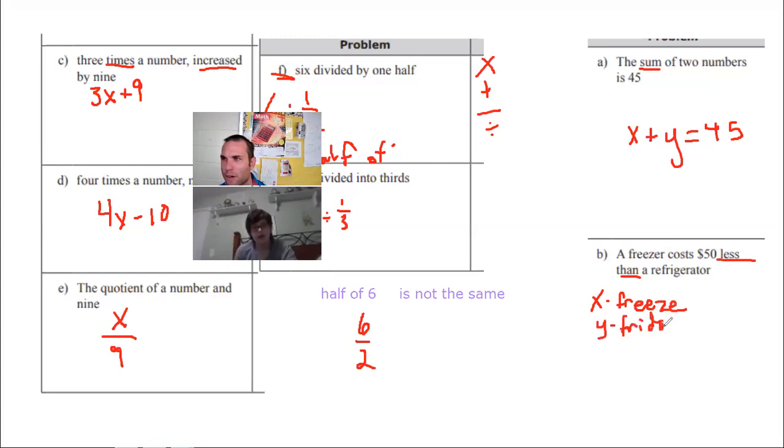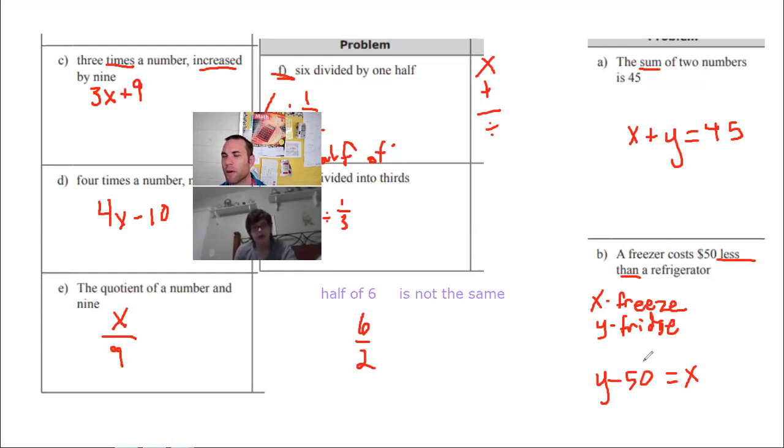So I'm going to define my variables. Freezer costs $50 less, so it'd be the fridge cost minus 50 is equal to the cost of the freezer.